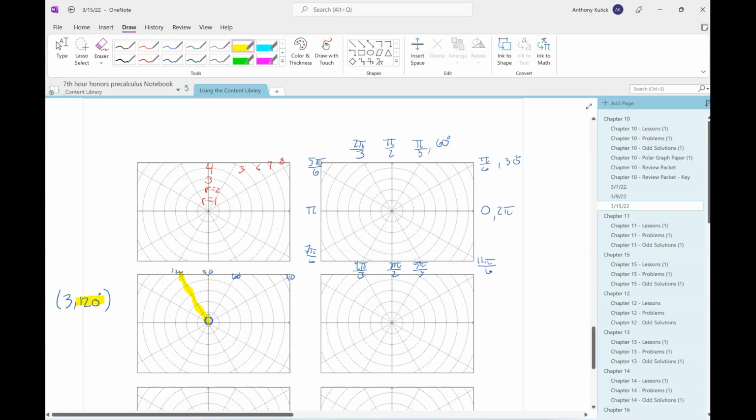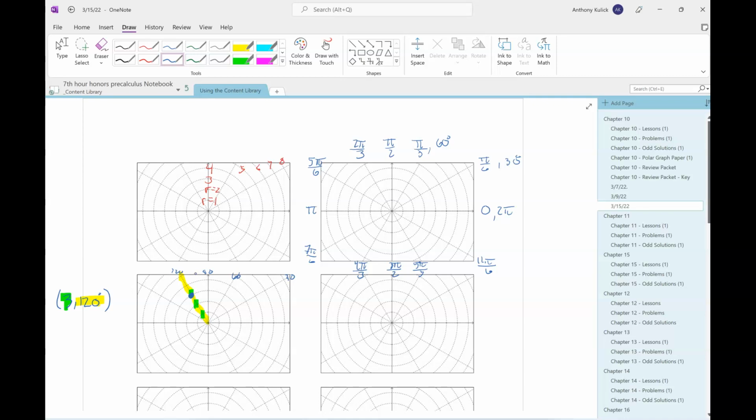So I know I'm going to be on that straight line. And then the 3, I'm just going to count from the origin, 1, 2, 3 circles. So that's my point. Pretty easy, right? Not a big deal.